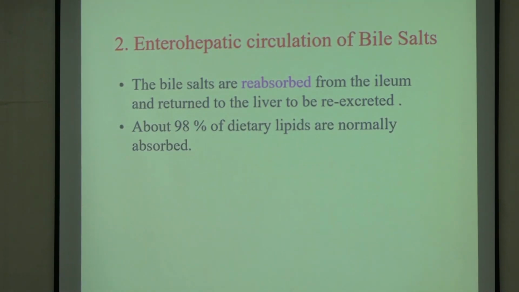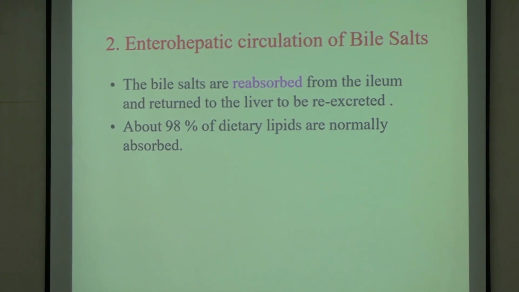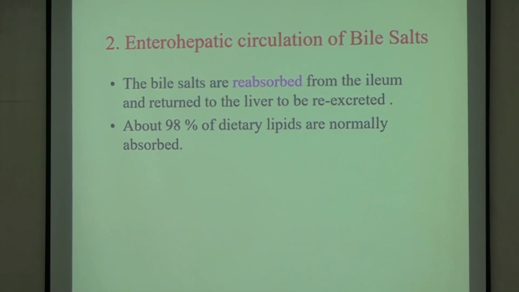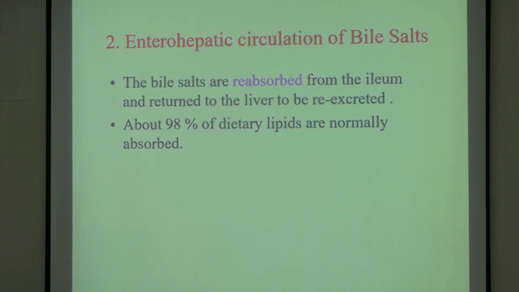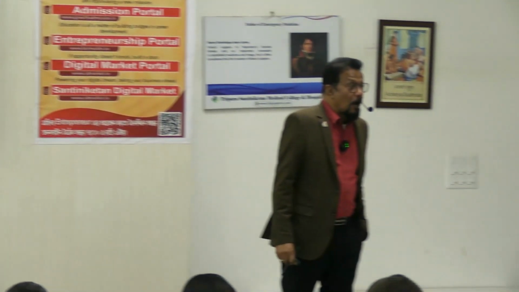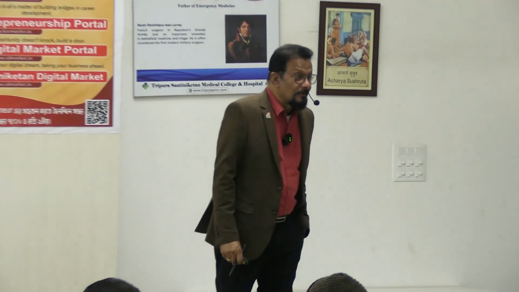One thing I may ask you, that is, there are some fat soluble vitamins. What are these? Oh my God. A, D, E, K. Now how will they be absorbed? For their absorption, fat is required.